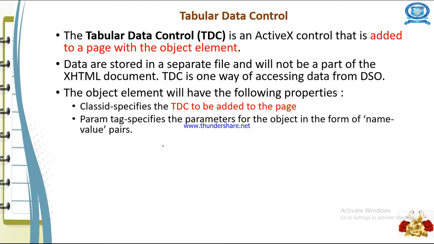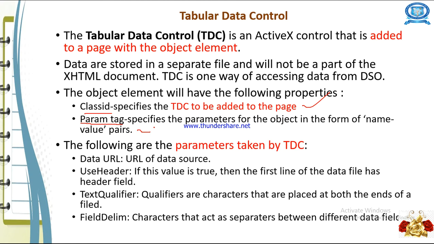The TDC is added to the web page with the object tag, which uses two properties, the class ID and the param tag. First, the class ID specifies the TDC to be added to the page. Second, the param tag specifies the parameter for the object in the form of name and value.